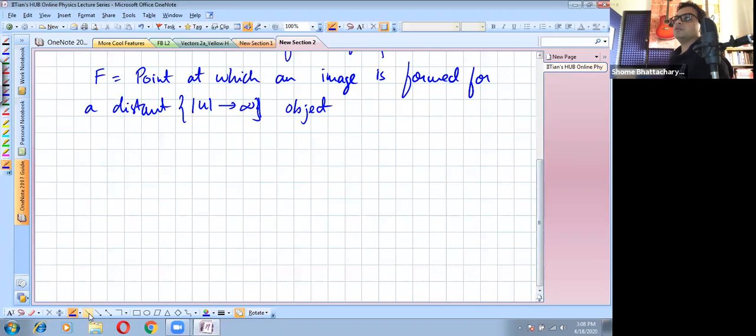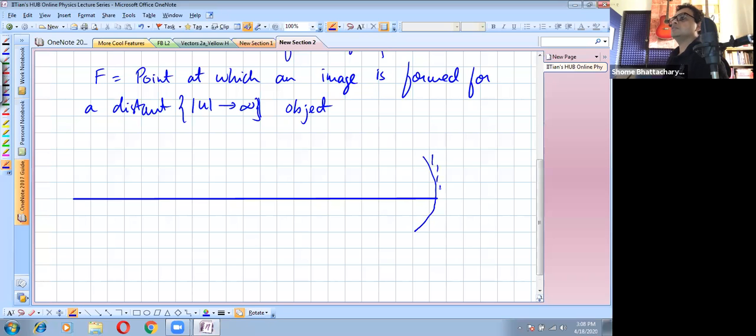So when we are talking about let's say a concave mirror. So let's say this is our principal axis and the concave mirror is this one. So let's say its center of curvature is somewhere over here, and we want to find the position of the focal point.